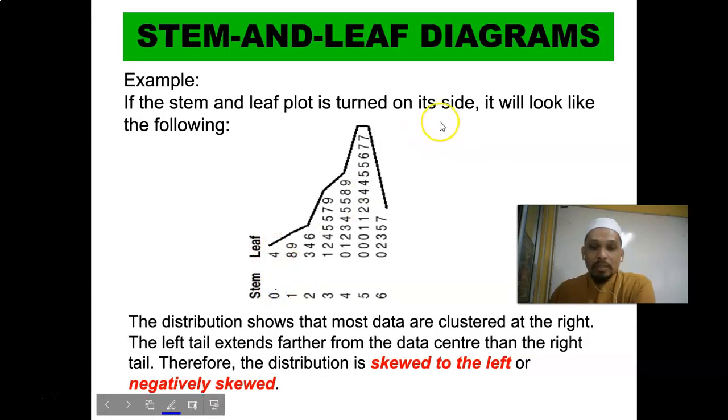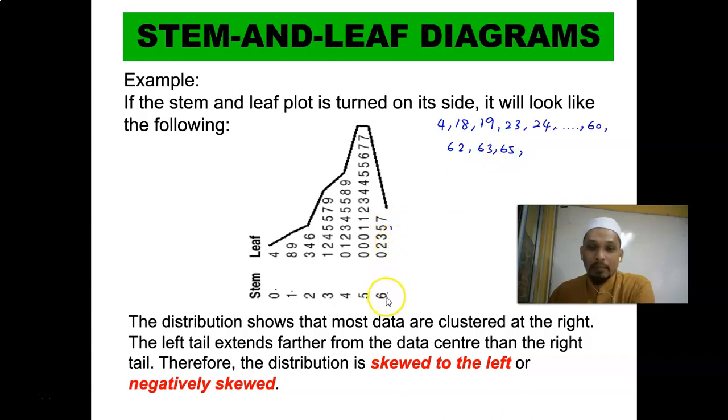The raw data here is 4, 1 and 8, 18, 1 and 9, 19, 2 and 3, 23, 2 and 4, 24, until the last ones, 60, okay, 62, 63, 65, and finally it ends up with 67.